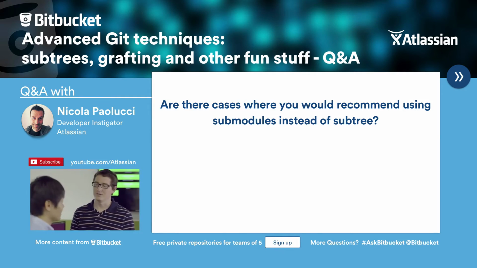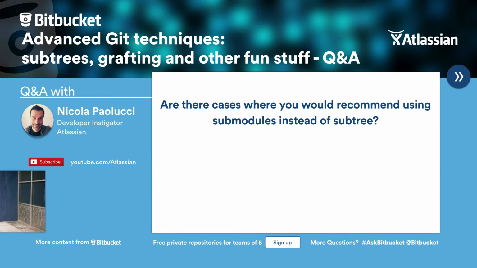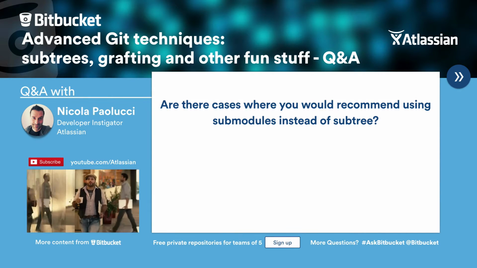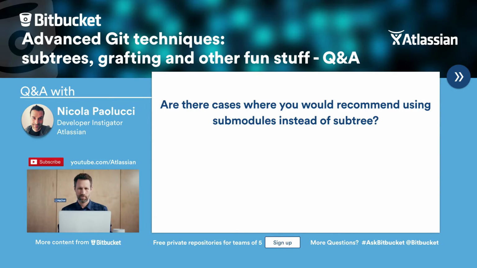If only a few people are updating these dependencies, then subtrees is very neat because the rest of the team doesn't need to know this tool very well. There are a few more things to consider, but this should give you a general idea. The answer is not that clear cut, so there's not an absolute winner. Just to mention, Git subtree is a command that came after Git submodules. It is a different way to solve the same problem.